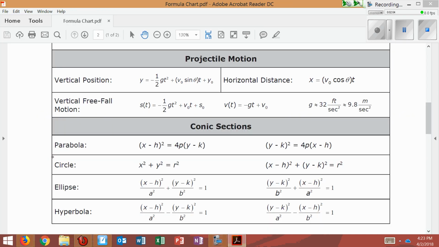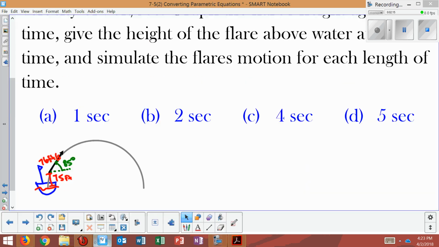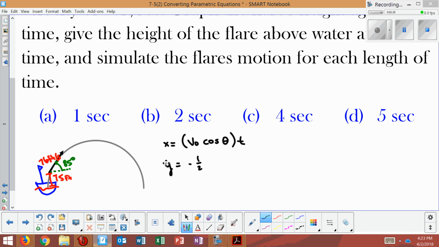So what we're going to do is use my formula chart, and over on the front page we have it listed right here, these two equations in projectile motion. We're going to use these two equations to graph this in the calculator. The two equations are that x equals v naught times cosine of theta multiplied times time, and the y equation is negative 1/2 gt squared plus the initial velocity v naught times sine of theta times time plus the initial height.